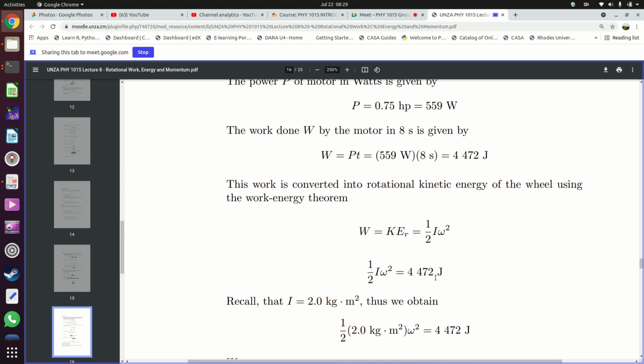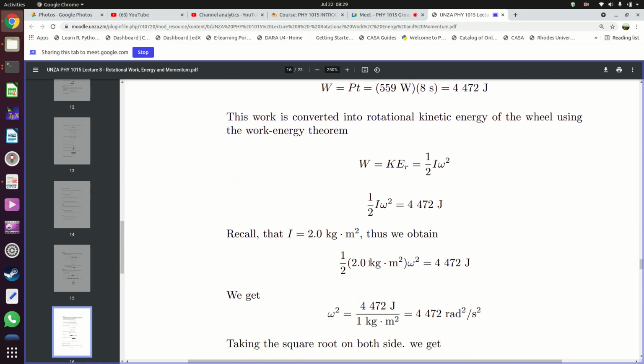We have been given the moment of inertia of the wheel as 2 kg meter squared. Putting that in, 2 kg meter squared multiplied by half, the 2 and that 2 give us 1.